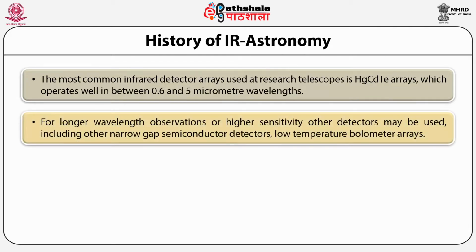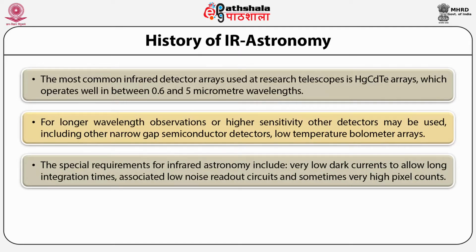For longer wavelength observations or higher sensitivity, other detectors may be used, including other narrow gap semiconductor detectors and low temperature bolometer arrays. The special requirements for infrared astronomy include very low dark currents to allow long integration times, associated low noise readout circuits, and sometimes very high pixel counts.